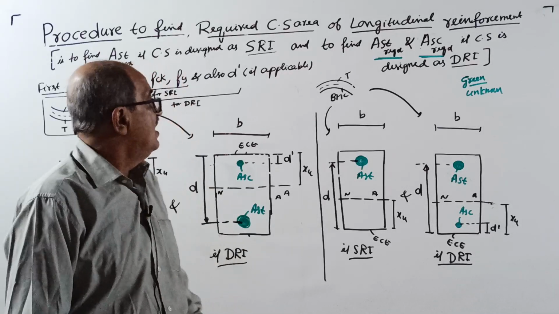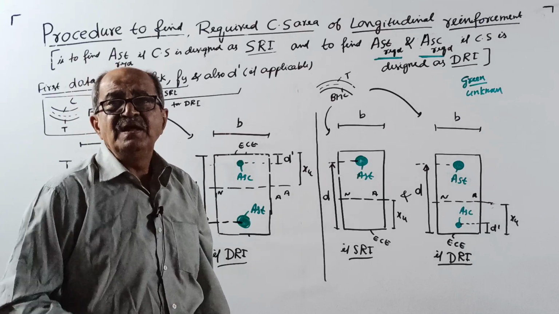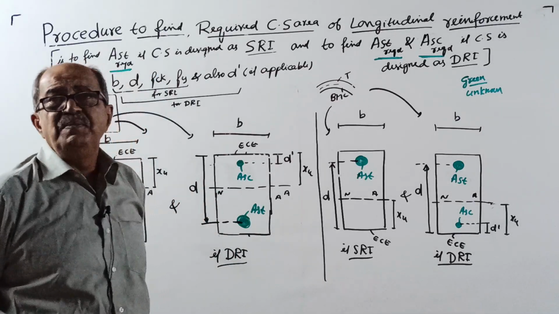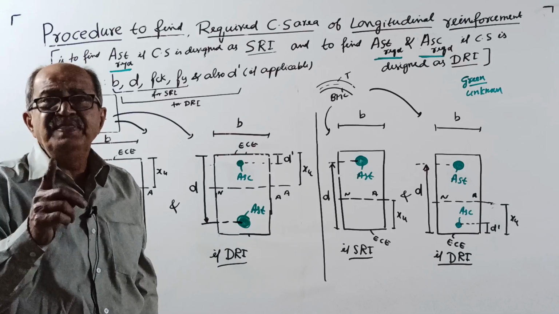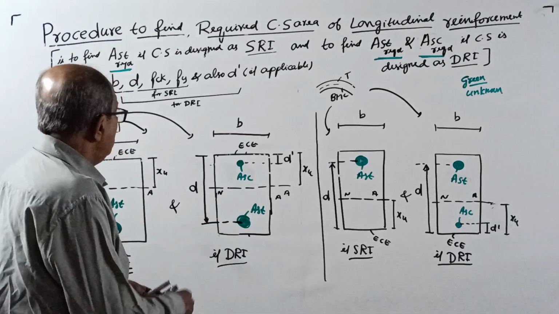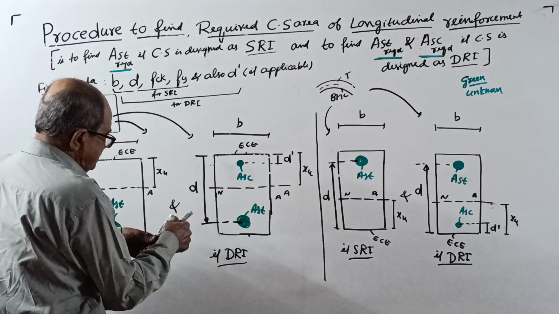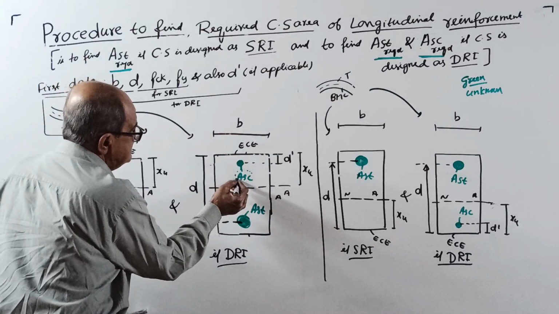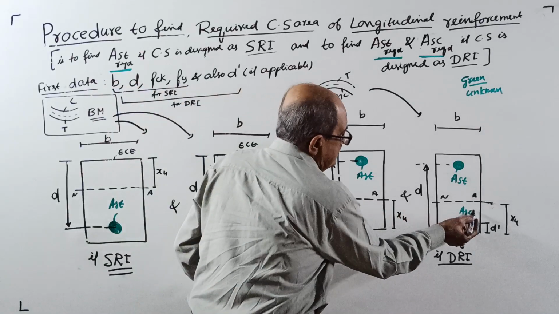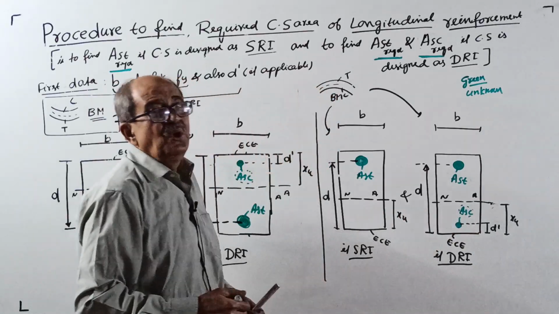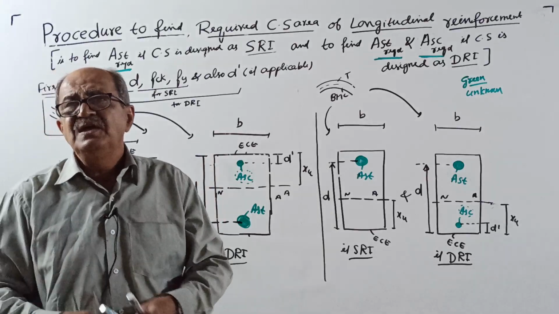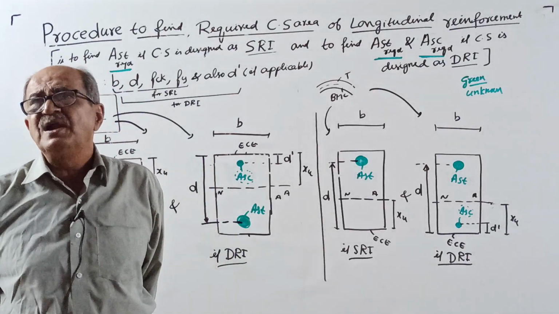One more thing you observe here: singly or doubly, the sketch will be the same. Only if it is doubly, one extra, ASC, will come here. Therefore, when you first put the cross section, you do not know whether singly or doubly.